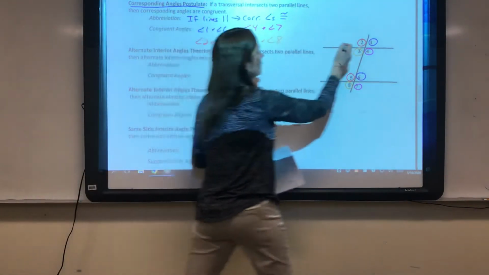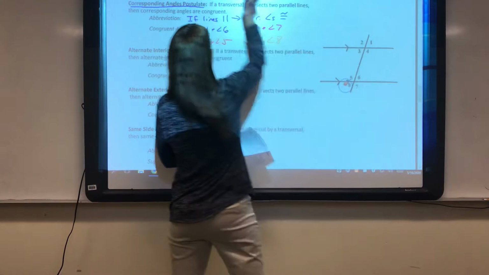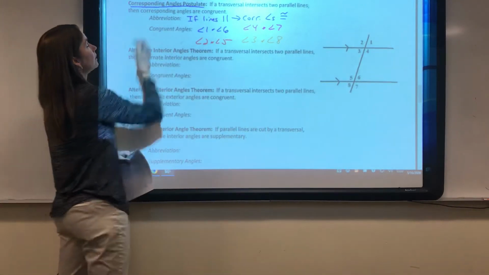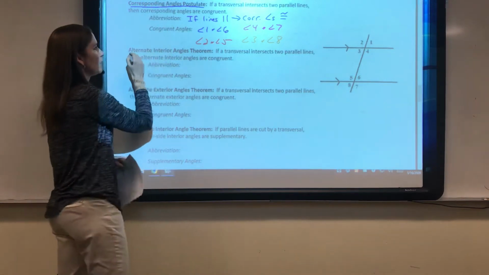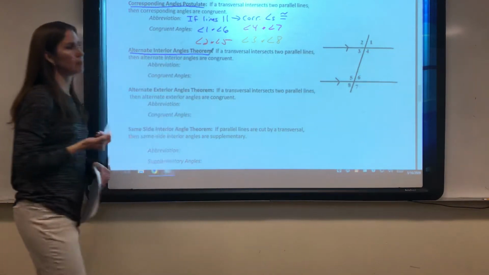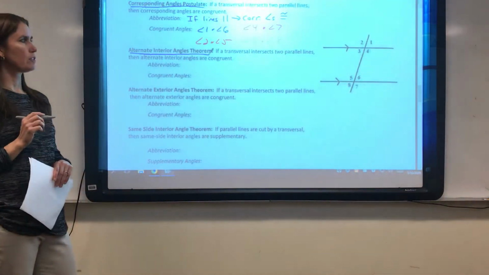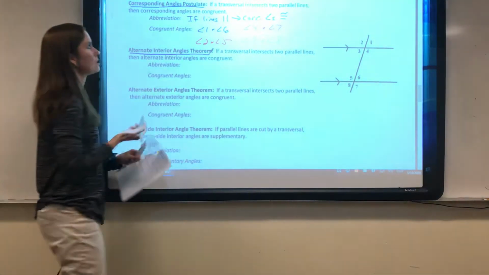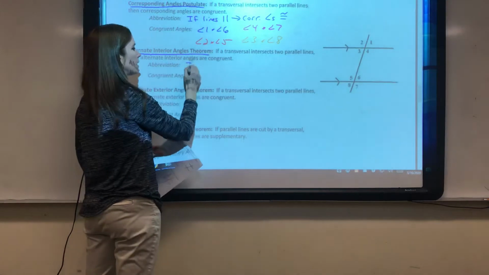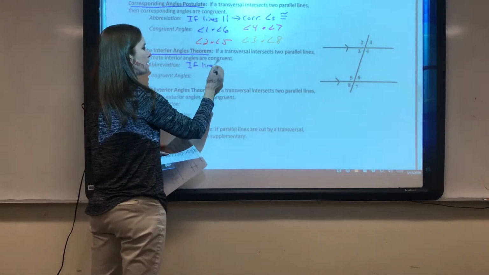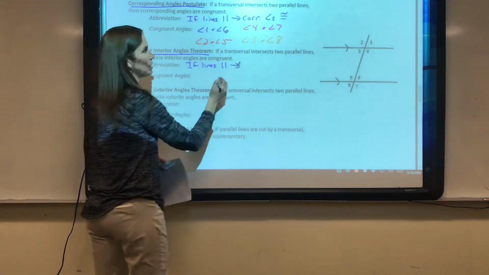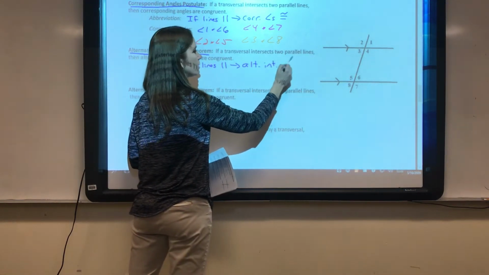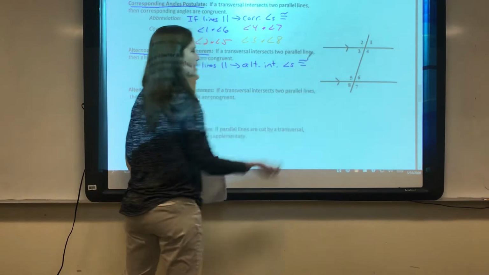Now let's look at another angle type you learned yesterday, the alternate interior angles theorem. If a transversal intersects two parallel lines, the alternate interior angles are congruent. To abbreviate: if lines parallel, then alternate interior angles must be congruent to each other.